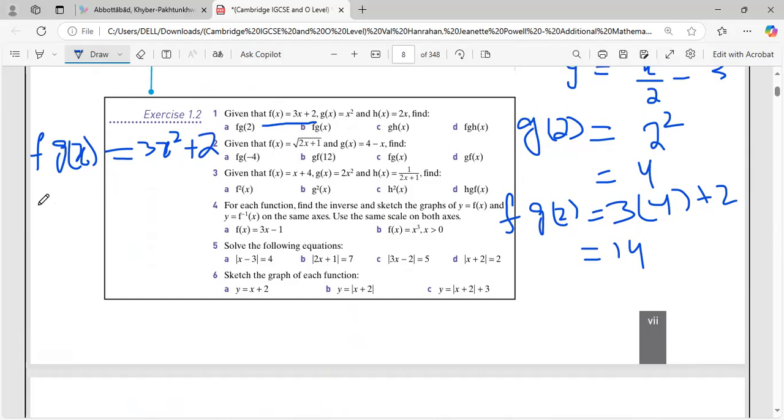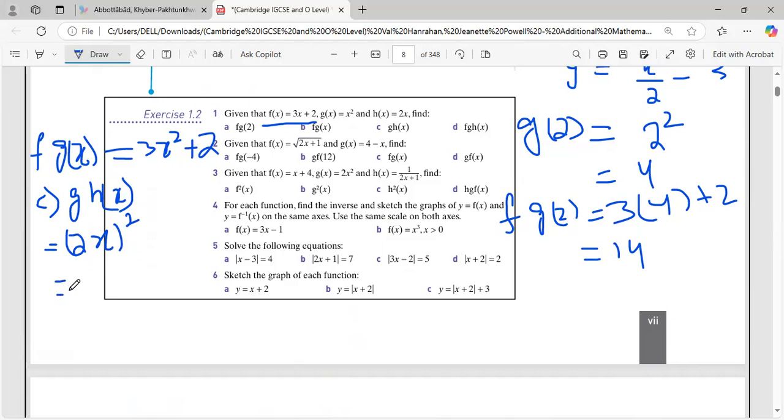Next is part C. C is g of h of x. So we simply replace the variable of the g function with h of x. h of x is 2x. So g of h of x is equal to 2x whole squared.